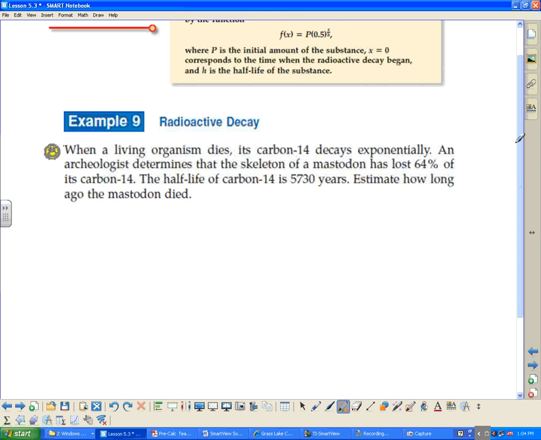Estimate how long ago the mastodon died. So when we look at our function, we have A equals P, or f of x. Let me use f of x here. f of x equals P times 0.5 to the power of x over, this is where the half-life goes in, 5,730 years.